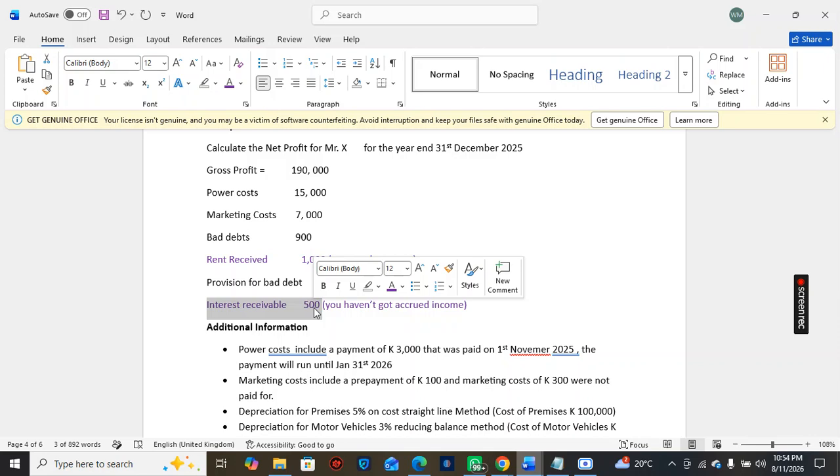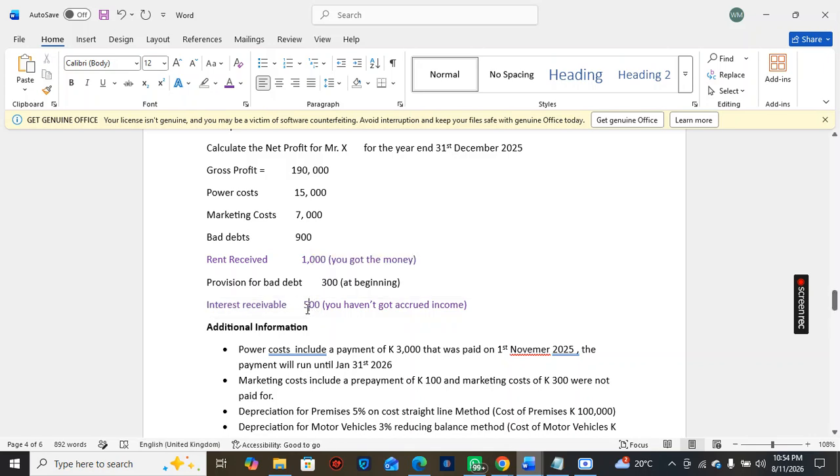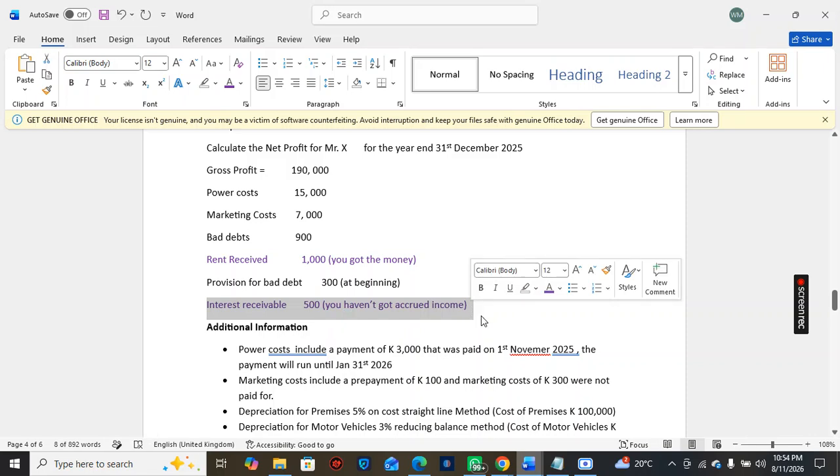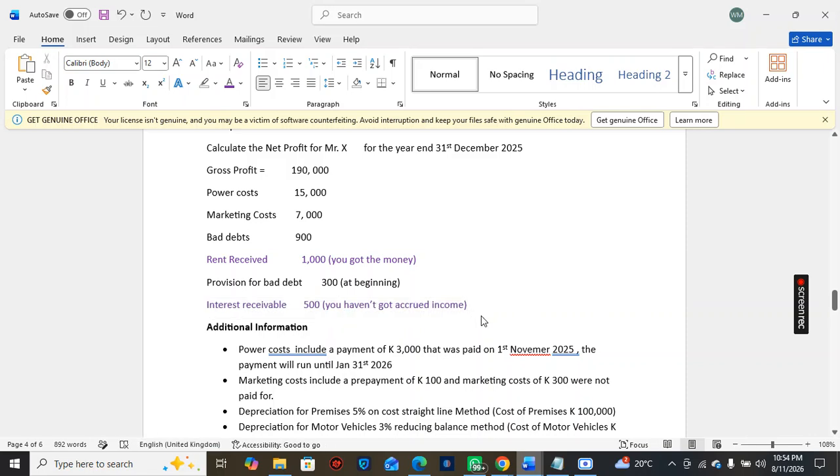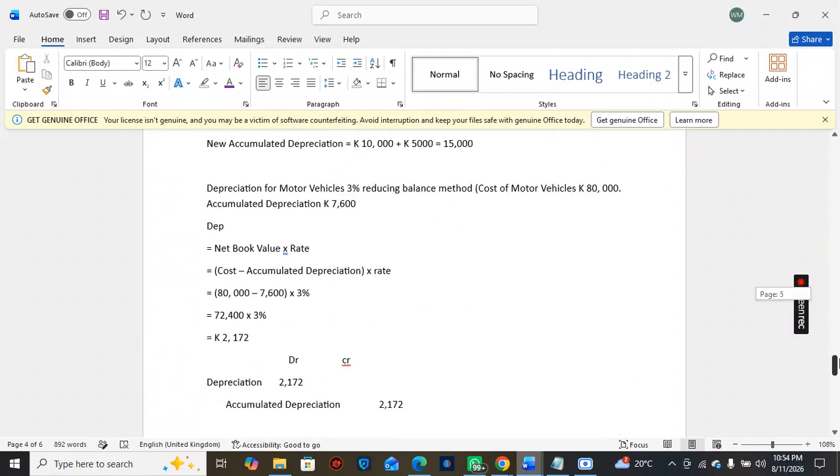Remember, according to the accruals concept, you record even though you haven't received it. But since you haven't received the money yet, this is treated as a current asset. So for accrued income, we'll put rent received and interest receivable.